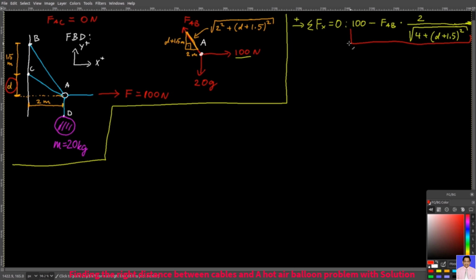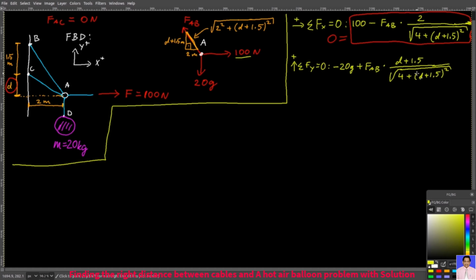And that, of course, equals 0, this entire equation. Then in the Y direction, you have minus 20g plus FAB times this ratio here. With that, you obtain the vertical component of this FAB vector. And of course, this equation equals 0.